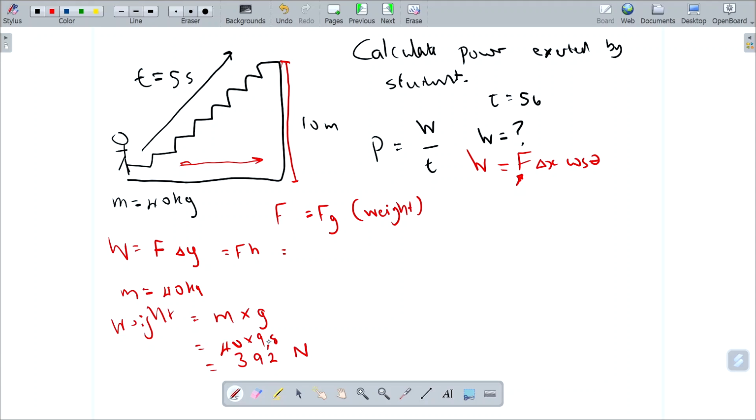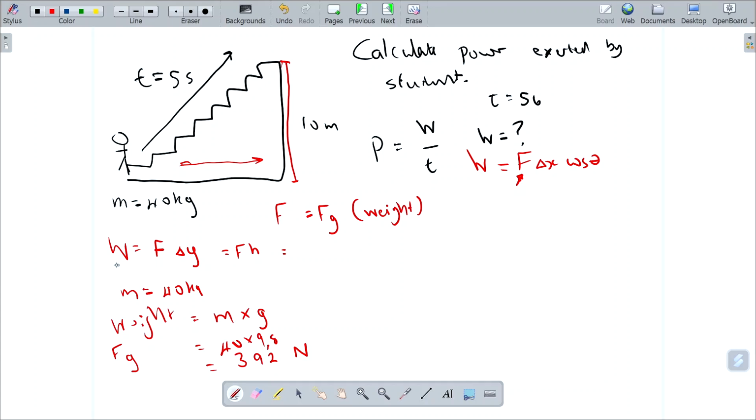We can then substitute this value into our equation here, and therefore we can calculate the work. Now remember, the work and the weight are not the same. Don't get confused, because if you use a W for the work, that's why I wrote out weight. Remember, a better way to write the weight is to use the force of gravity, the symbol Fg. So just keep that in mind when doing calculations like this.